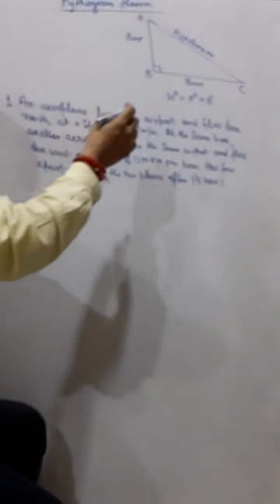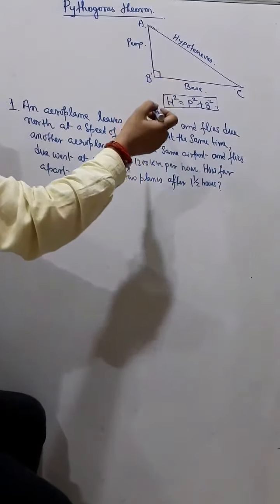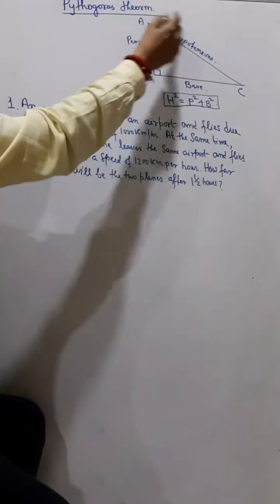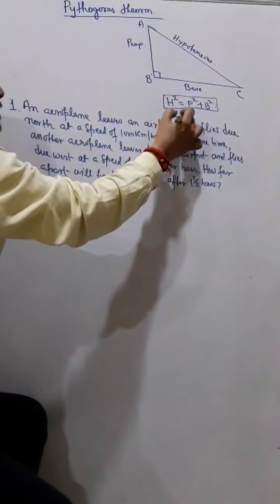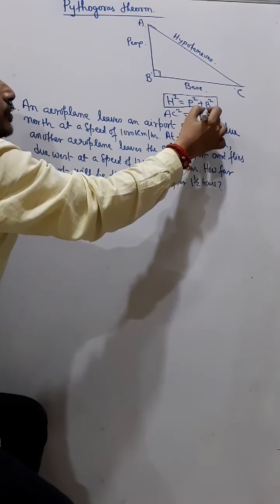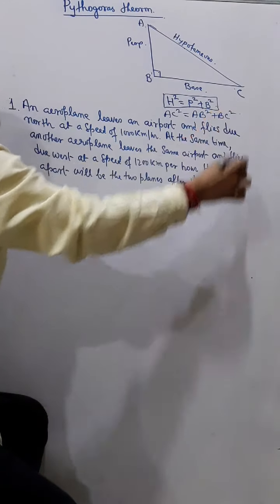And we all know that Pythagoras theorem states that hypotenuse square is always equal to perpendicular square plus base square. So with respect to this figure, we can say that AC square is equal to AB square plus BC square.